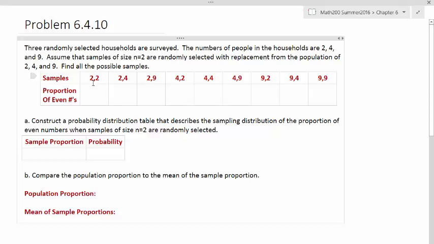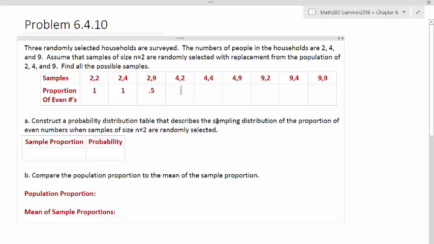For this first one, 2 is even and 2 is even, so both of them are even. There's only 2 of them, so that's 100%. We'll just give it a number 1. Here we have 2 and 4, and they're both even, so that's 100% again. For this next one, 2 is even, but 9 is odd. So half of your sample is even, and that's only 50%. We'll call that 0.5.